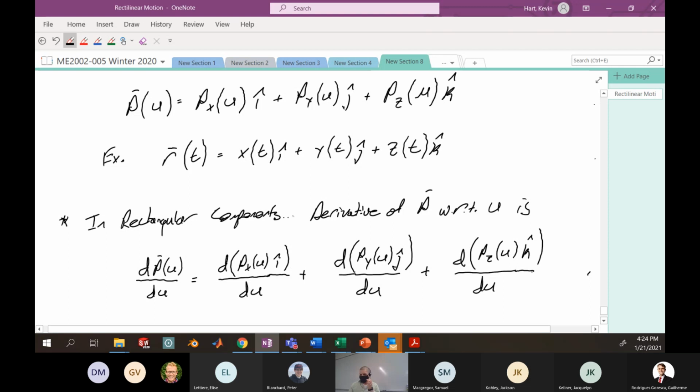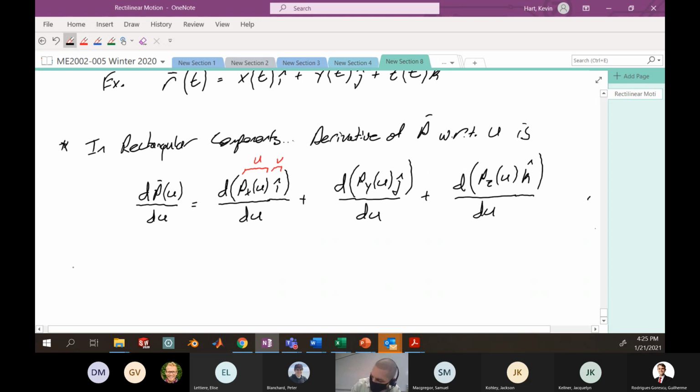Okay. The individual derivatives of each one of the components. And by product rule, you can expand each one of these, right? So if you think of this as u, and think of this as v, you remember your product rule, and the product rule for each one of these would be like u dv plus v du, right? Okay, so you have to be very explicit about the derivatives here, all right?